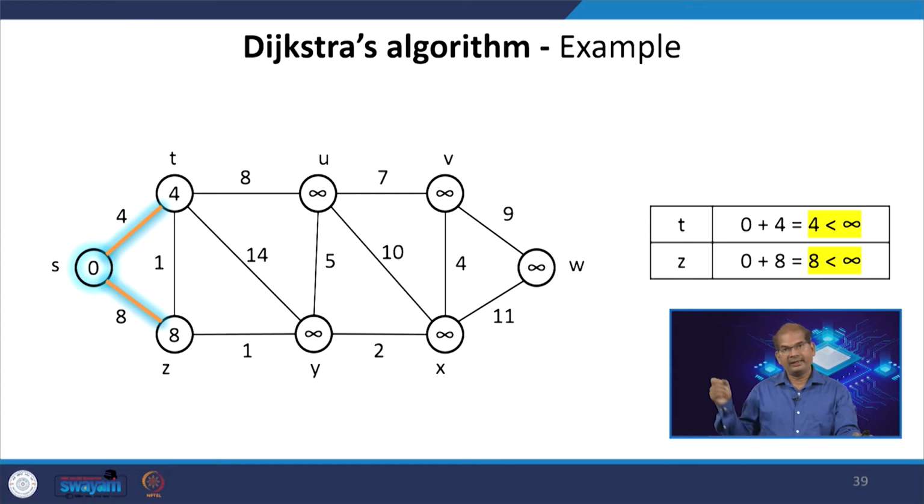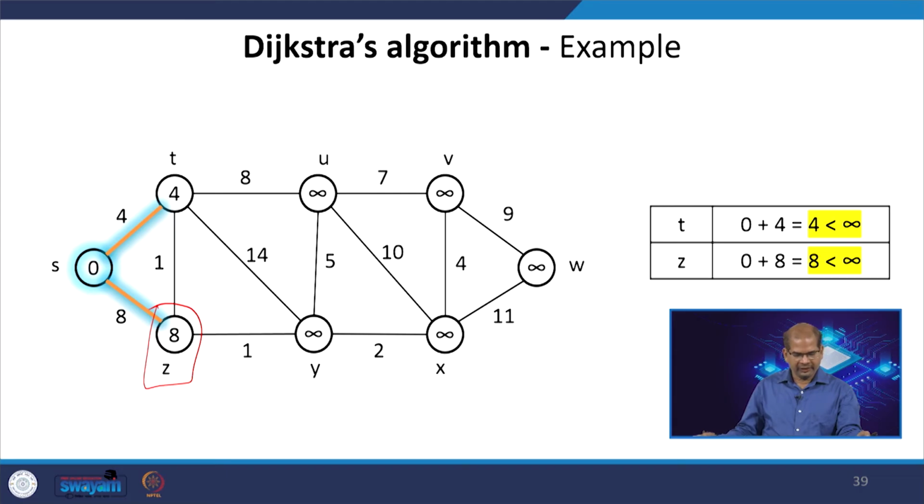Since infinite is a very large number and 4 is a small number, I will remove that infinite and add 4 to node T. Similarly, if I go to node Z, which has a weight of 8, the 8 is less than infinite. So, node Z has a distance of 8.